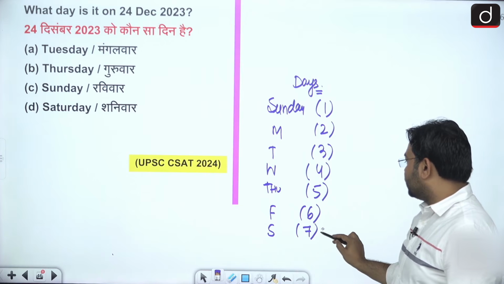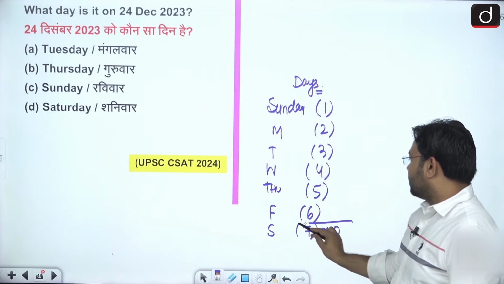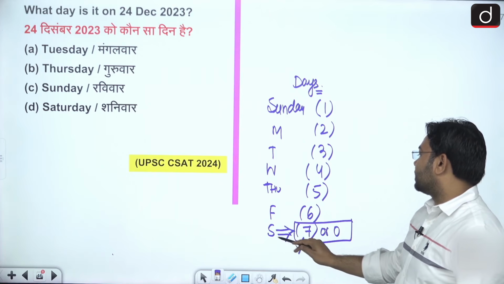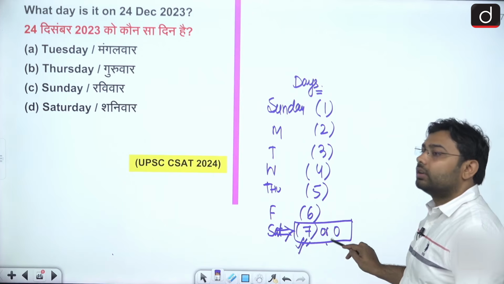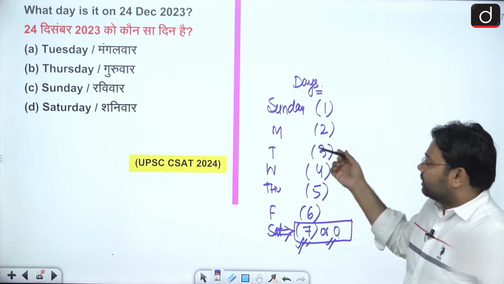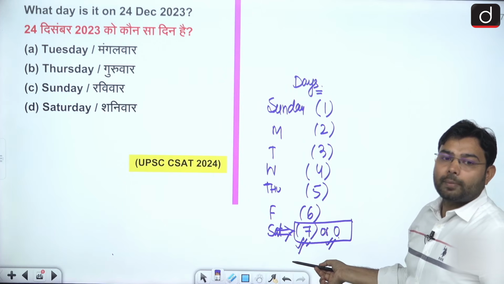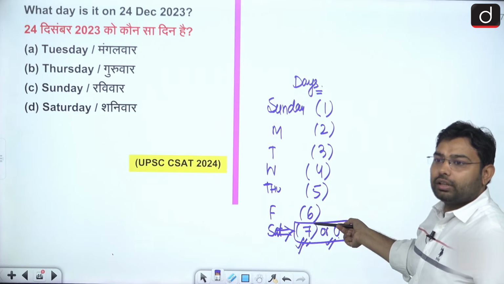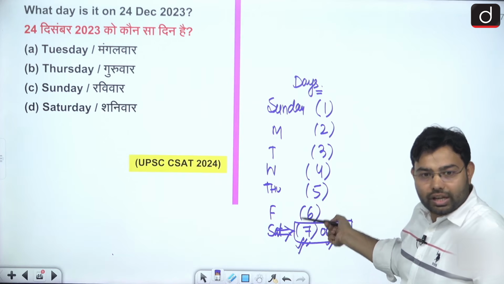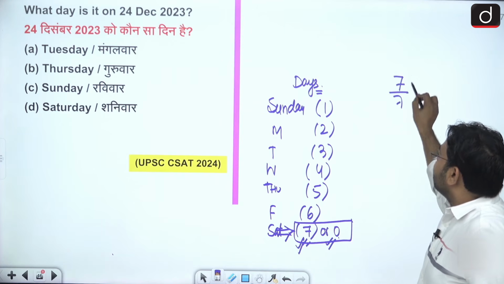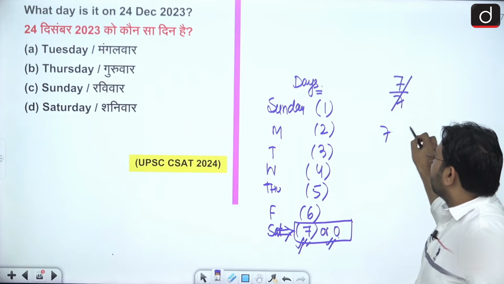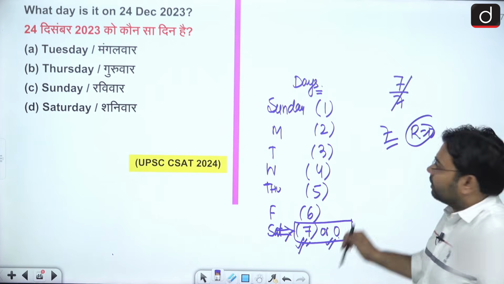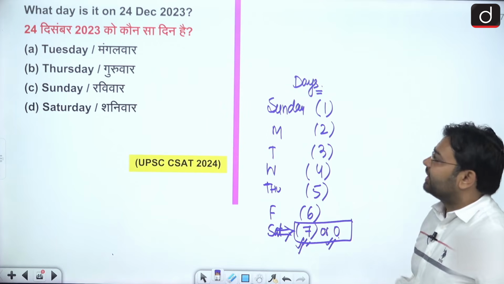So for 0 also, you will consider Saturday as 7 or 0. Why 0? How many days in a week? 1, 2, 3, 4, 5, 6 is not divisible by 7, but 7 is divisible by 7, so 0. So these are the codes for days.